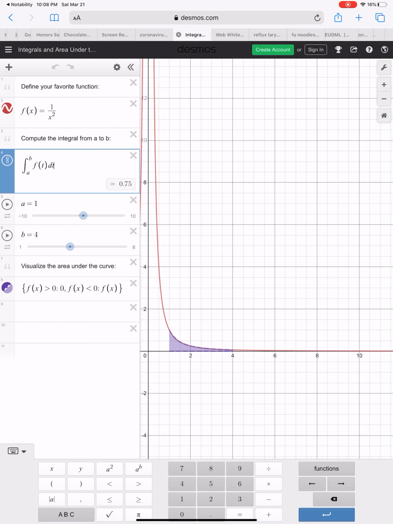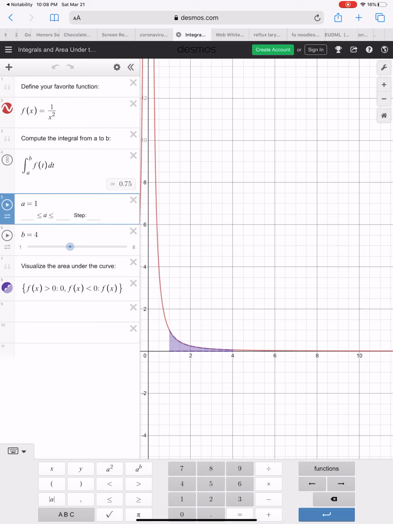In box number 4 down here, I've put in the integral of f of t dt, and now because f was defined up here in box 2, Desmos is going to be interpreting this expression using that f that I've defined. So it's really thinking about 1 over t squared here. And then I've put in variables for the limits of integration, and those are defined.